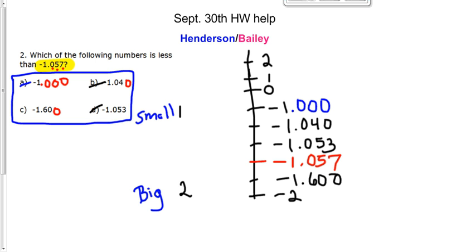Now, looking at just the last numbers, 0, 40, 53, 57, 600, it's just like normal. But yes, these are all negatives, and negative means the opposite. So the bigger the number is, it really means it's the smallest because it's the furthest one away from 0.